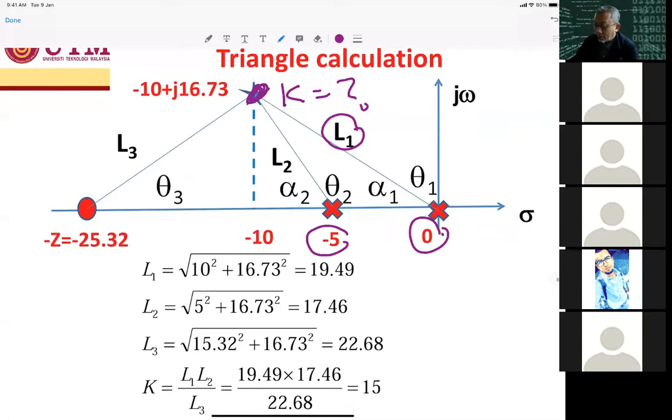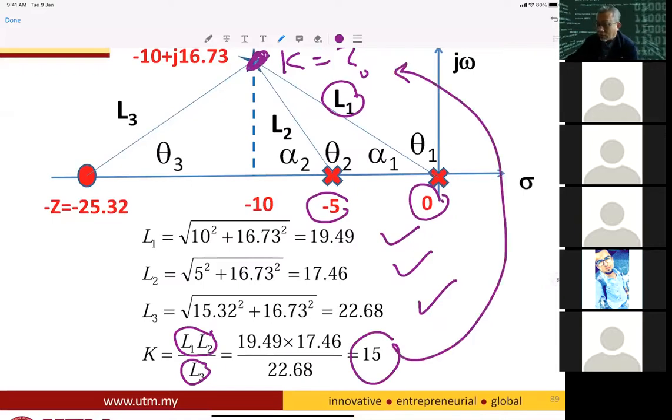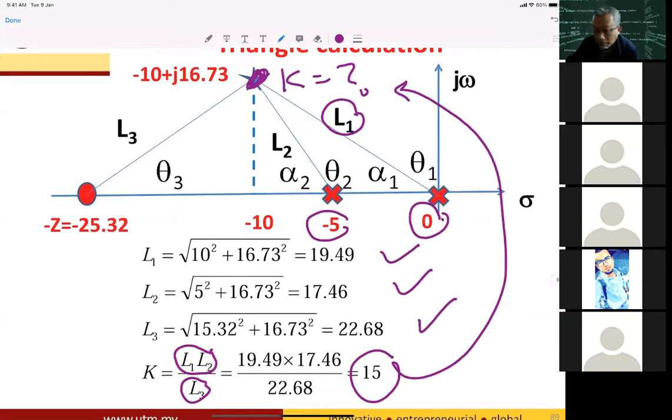We calculate L1, L2, and L3 using the Pythagoras theorem. At the end of the day, you get K from L1 and L2, the product of the lengths of the poles, and L3, the length of the zero. Then the K value is 15, at minus 10 plus j16.73.